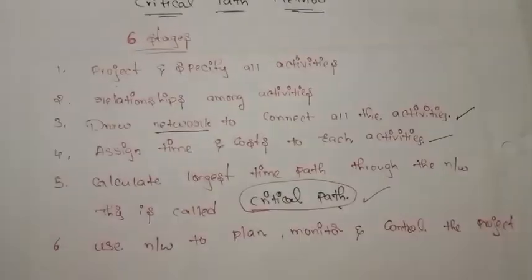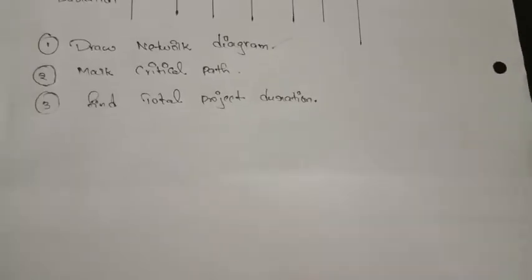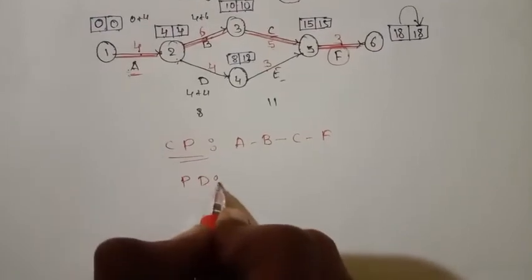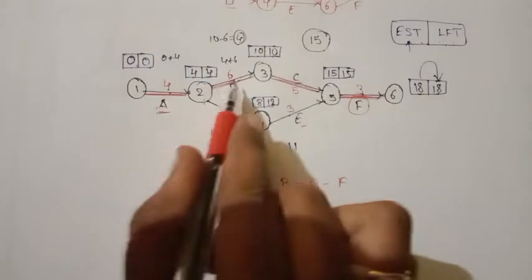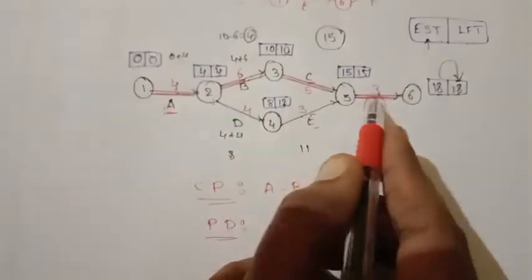But in the question, guys, we have another thing, we need to find the total project duration. Let us see how to find the total project duration. Project duration is just adding the durations, guys. It is 4, 6, 5, 3.